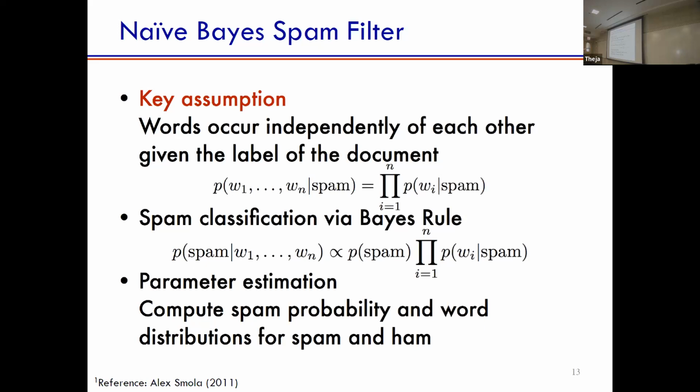And therefore that is equal to probability of spam times this product. That's exactly this term here. So what I'm saying is that naive Bayes is modeling the joint probability between the W random variables and the spam random variable implicitly.